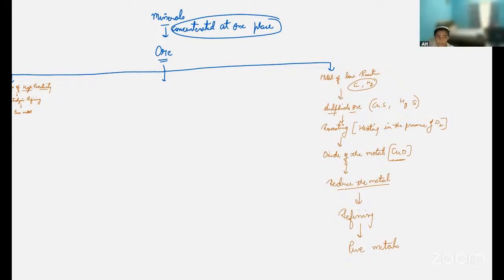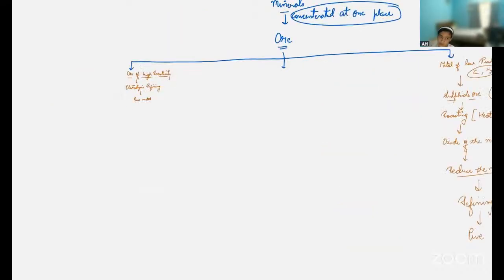So, for example, if you get copper ore, you have to do all these steps to get the pure metal. The metals of high reactivity, like sodium and potassium, we can just use electricity to separate them.